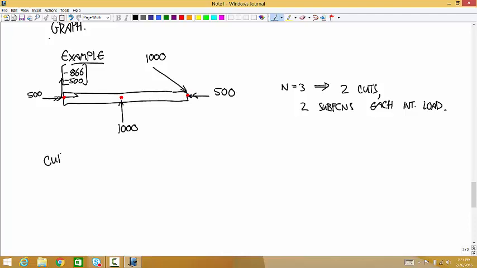Okay, so cut 1. It's going to go all the way from the left endpoint to some x value where x is in between these 2 points. So x has to be somewhere between 0 and 1.